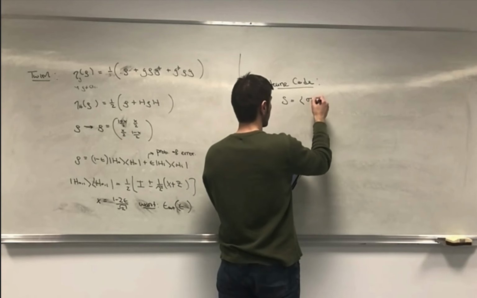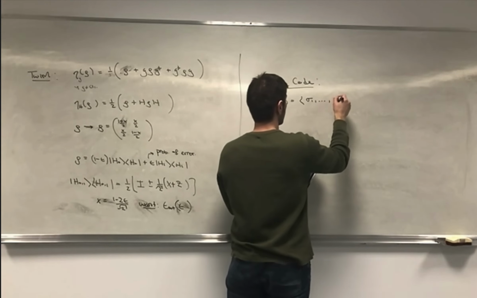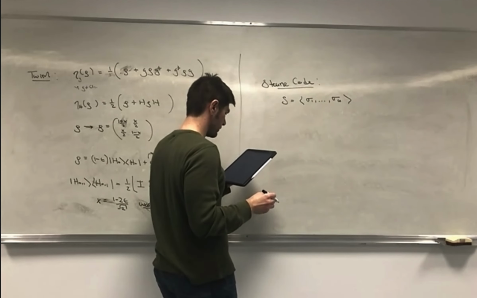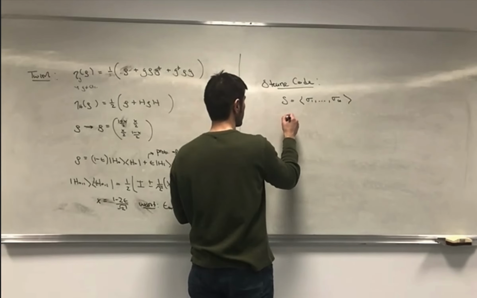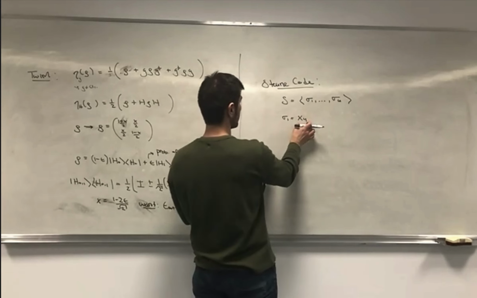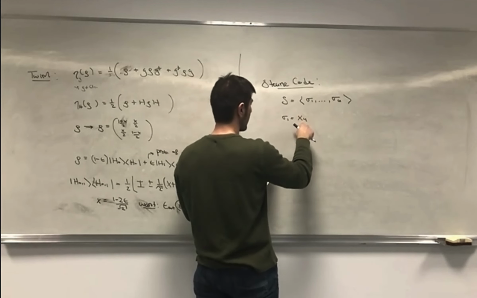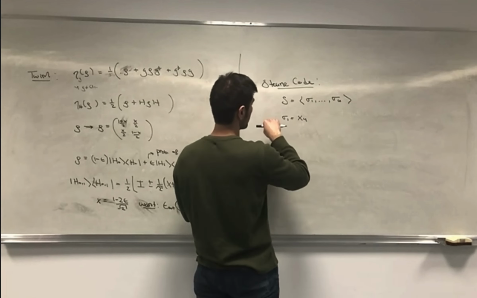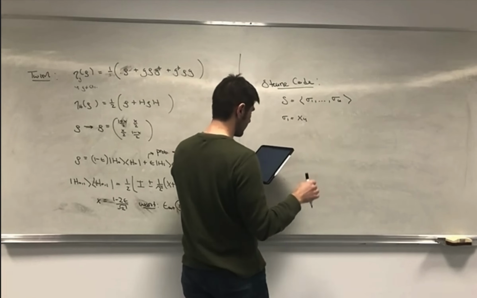So let's call these sigma 1 to sigma 6. These have a special structure. I'm using the notation again where X is being applied to the fourth qubit, and if there's nothing denoted for a particular qubit, it means the identity is being applied.